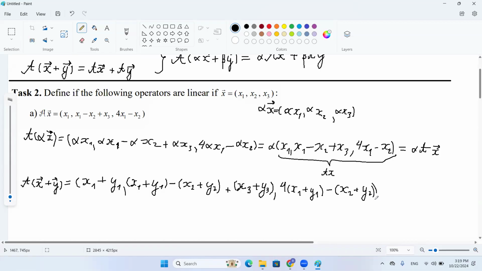Now I will regroup these addends, and we will better see, separately x and separately y, and it will be easy to define if the operator is linear. So x1 minus x2 plus x3. So we will write it here.